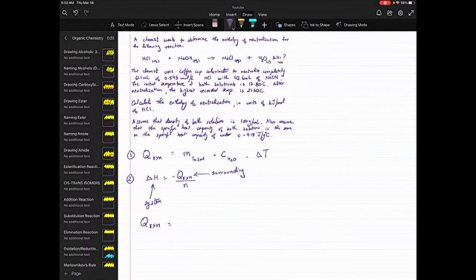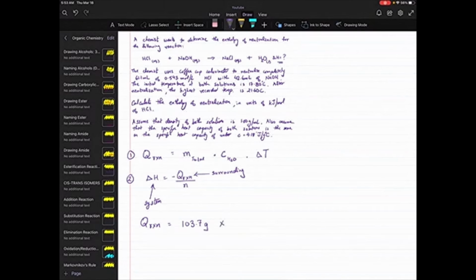The total volume in this reaction is 61.1 plus 42.6 milliliters, which gives us 103.7 milliliters. Since the density is 1 gram per milliliter, it will be the same as 103.7 grams. That is the total mass that we have in this reaction.